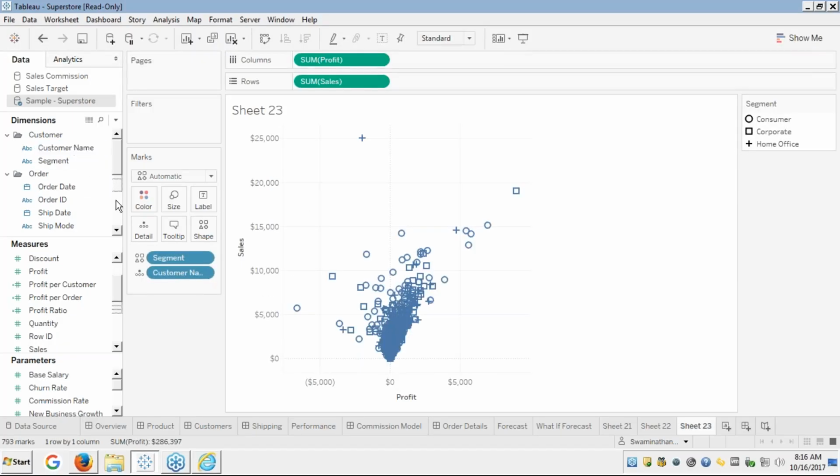I just dropped the customer name in detail, and Balaji had a question, I believe, like why you are dropping customer name here and what does detail mean? Right, friends? Then for this graph we added a trend line. What does a trend line basically convey to us? What information does a trend line give to you?